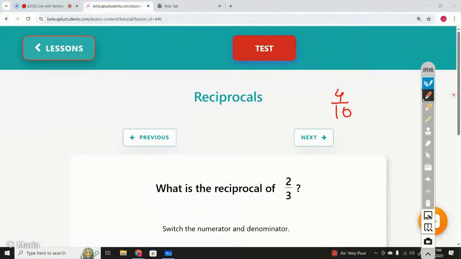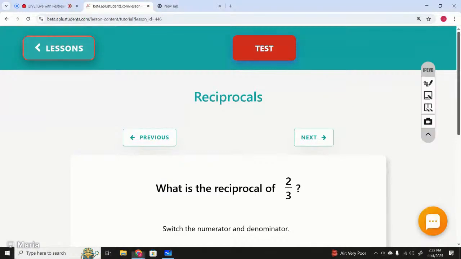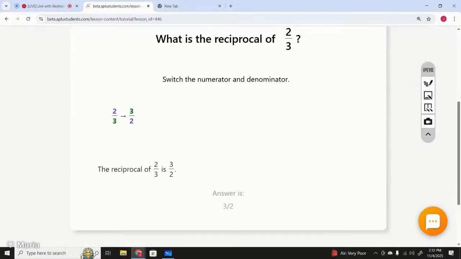What is the reciprocal of 2 by 3? So how do we find the reciprocal? In the reciprocal, we simply switch the numerator and denominator, right? That is 3 by 2.